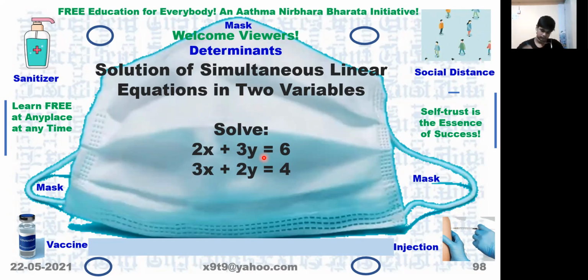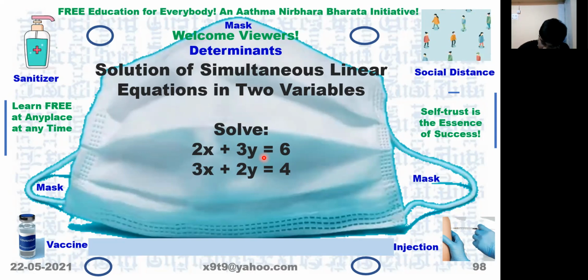Okay. It is 3 into 0 plus 2 into 2. 2 zeros are 0. Zero plus 3 twos are 6. 3 zeros are 0 plus 2 twos are 4.